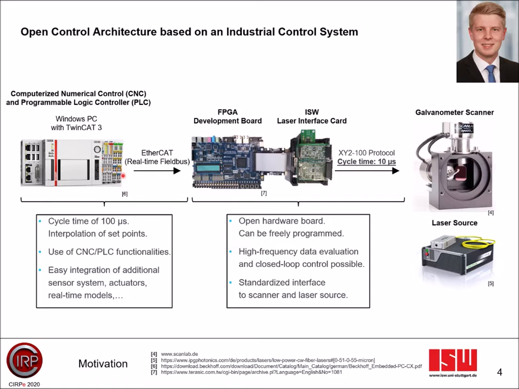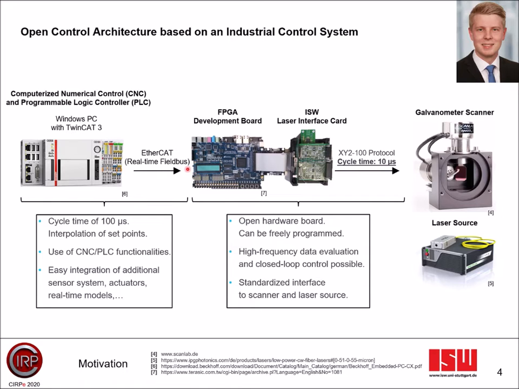As I mentioned before, the industrial control only achieves a minimum cycle time of 50 microseconds, which is too slow for controlling the galvanometer scanner. Therefore, a high-frequency FPGA is necessary, which is connected to the higher level control via a real-time capable field bus. In this case, we use EtherCAT.